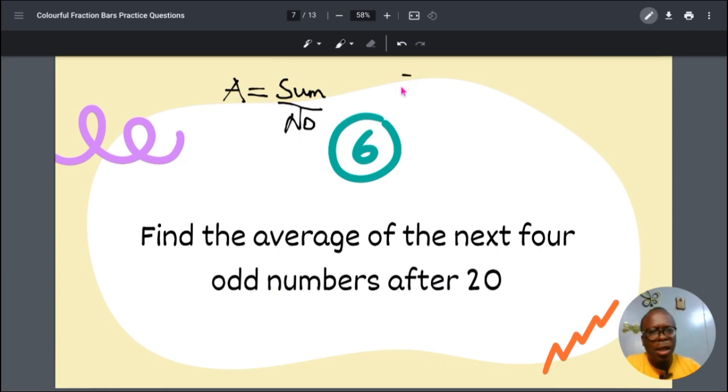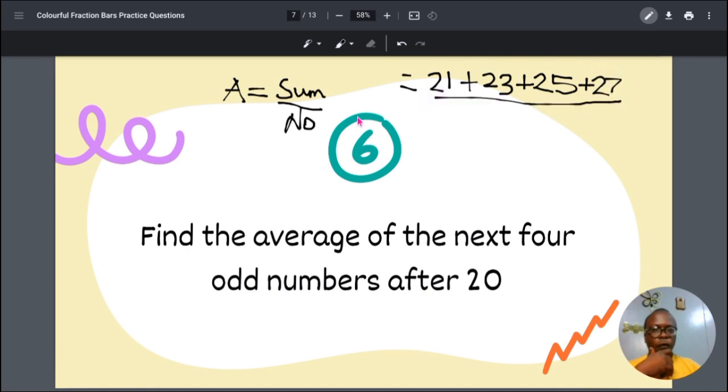So this will mean that the next four numbers which are odd after 20 are 21, and we are doing their sum, plus 23, plus 25, plus 27, odd numbers only. So this would be over their number.